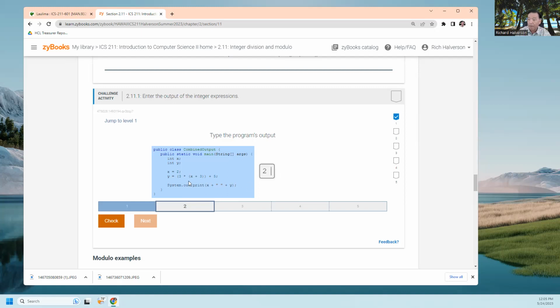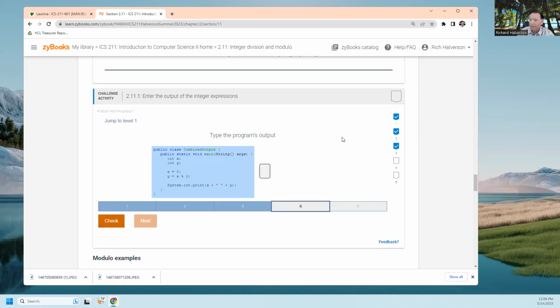Y is 2 times 3. 2 plus 3 is 5. Times 3 is 15. Plus 5 is 20. No new line. X is 17. Y is, everything's an integer. So 17 divided by 2 is like 16 divided by 2, which is 8. No new line.